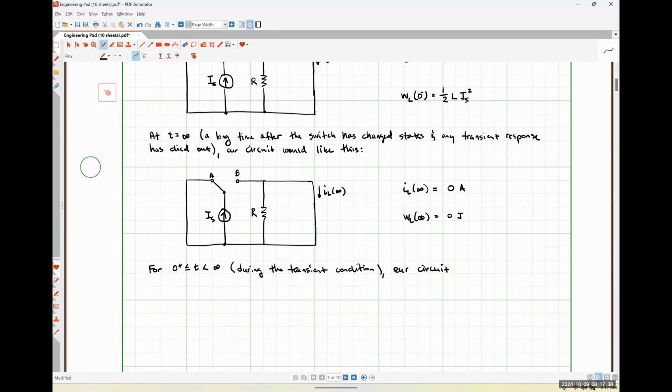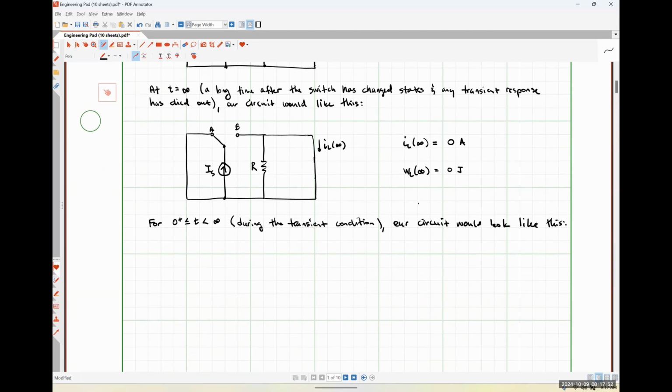Our circuit looks like this. So our switch would be closed at position A.